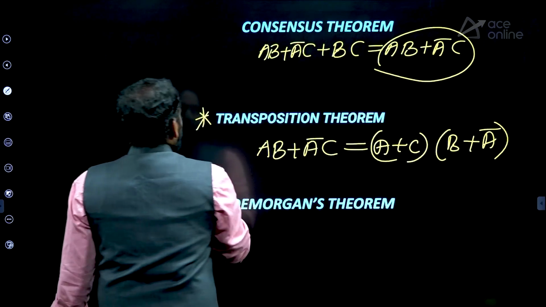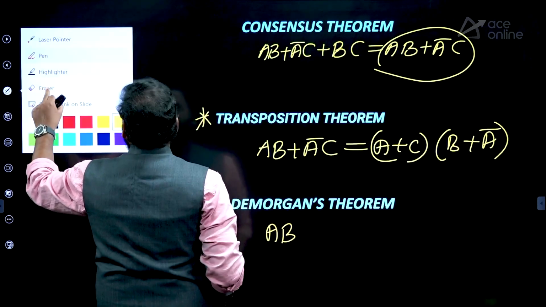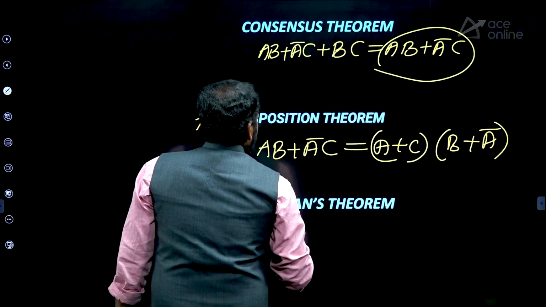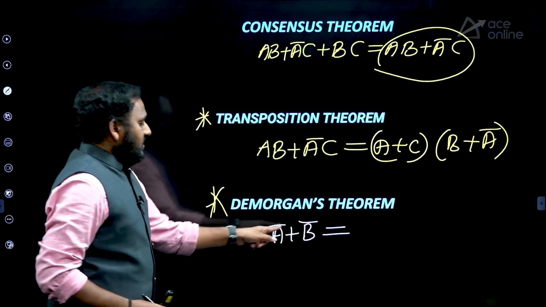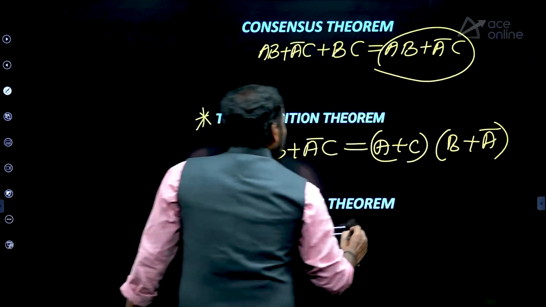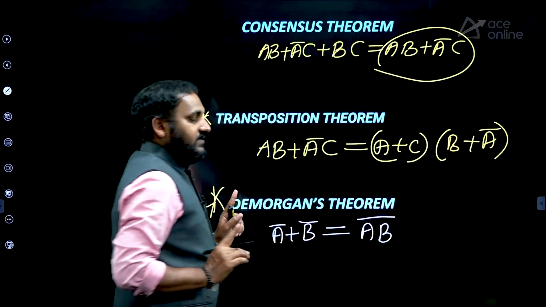And important, De Morgan's theorem: A bar plus B bar needs 2 NOT gates and 1 OR gate. Instead of 3 gates, we can do it with a single gate: AB whole bar. It is a theorem. If you want, utilize it, otherwise leave it, no problem.